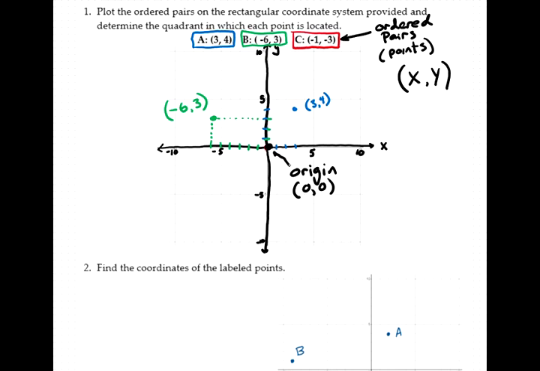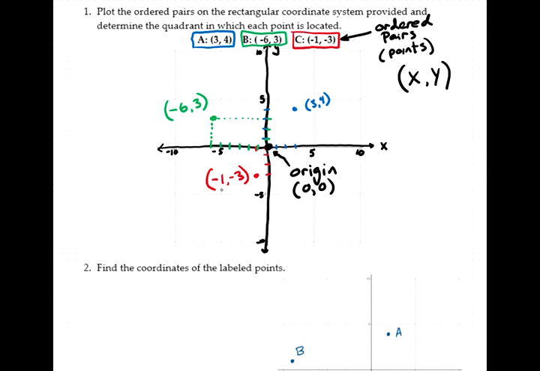And that's that point. Okay, so -1 in the x direction and -3 in the y direction. So that will put us right here on the xy plane, -1, comma, -3.